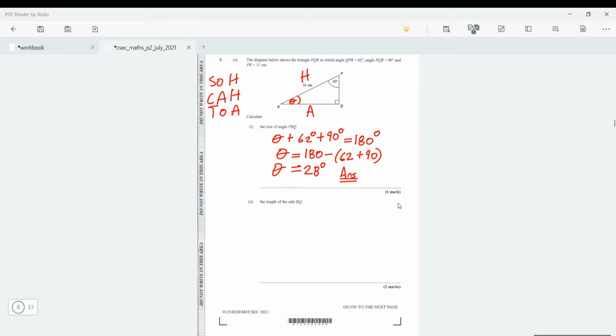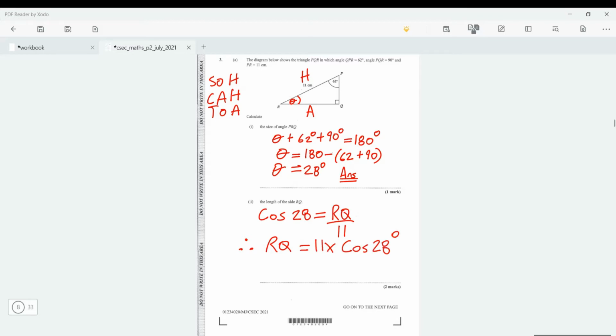So what that means is that the cosine of the angle right here, so 28, is equal to the adjacent, which is RQ, over the hypotenuse of 11. So therefore, the length RQ is, cross multiplying, 11 times the cosine of 28 degrees.